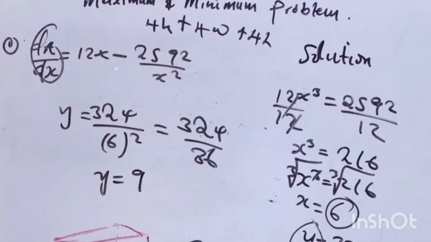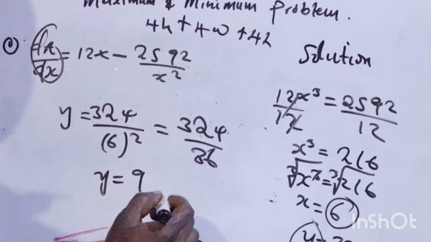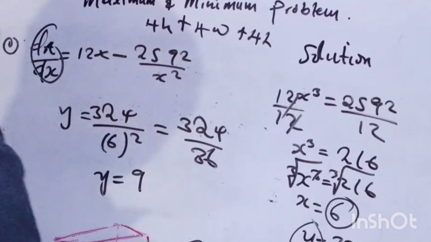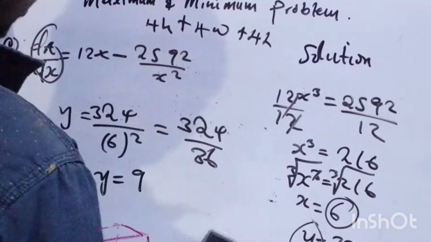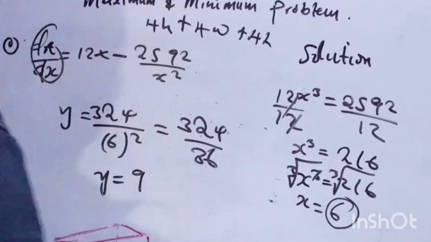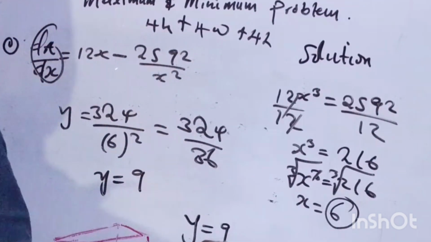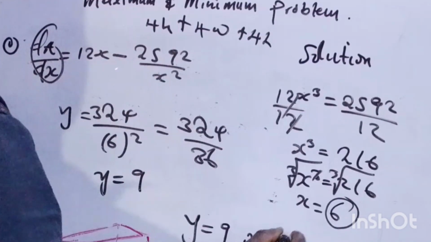So now we have found the value of y, it is 9. So the value of y is 9, and the value of x is 6.